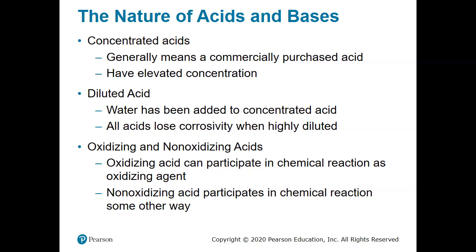So those concentrated acids usually come with a concentration value. For example, sulfuric acid comes to us at a concentration of 18 molar. That's 18 moles, 18 units of sulfuric acid for every liter of water. Hydrochloric acid comes to us at a concentration of 12 molar, 12 units for every liter of water.